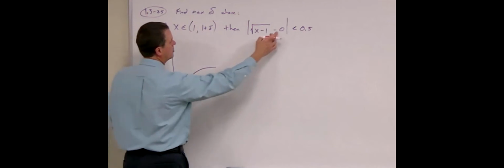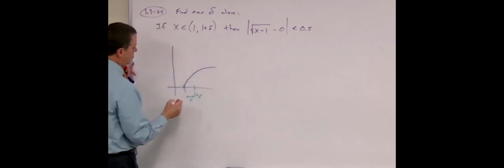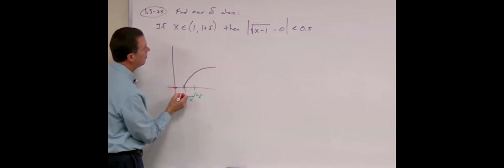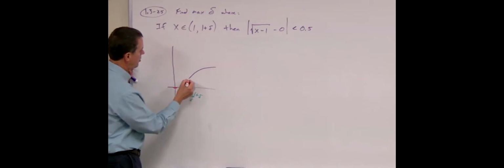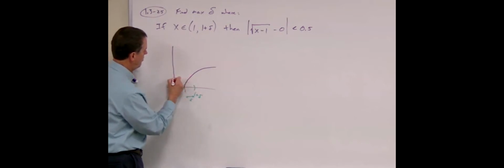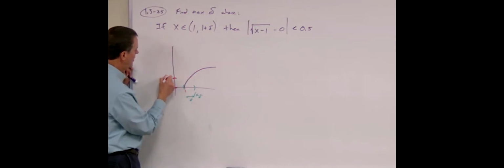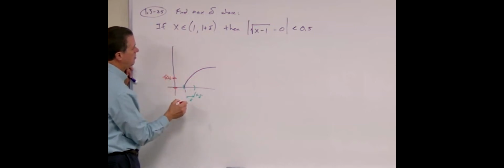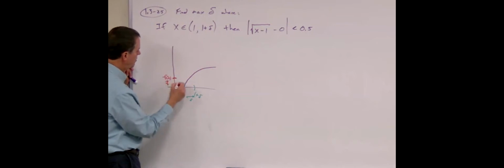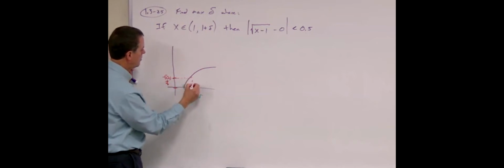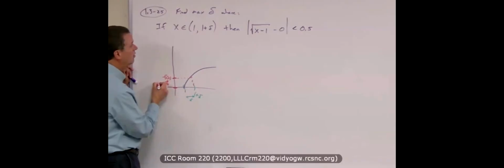We want to be able to pick any x value in there and have the y values, the distance between this function and 0, here's 0, and then some value, so there's f of x, we want this distance here to be 0.5.